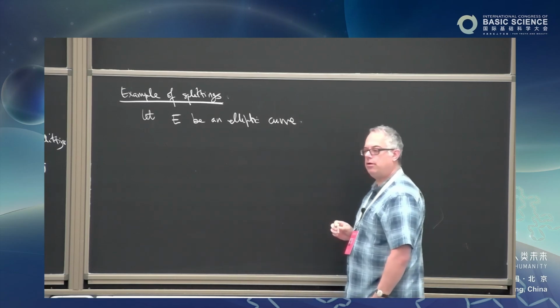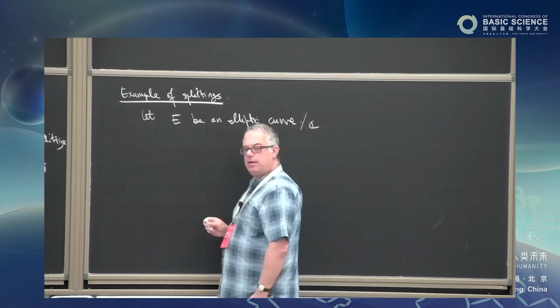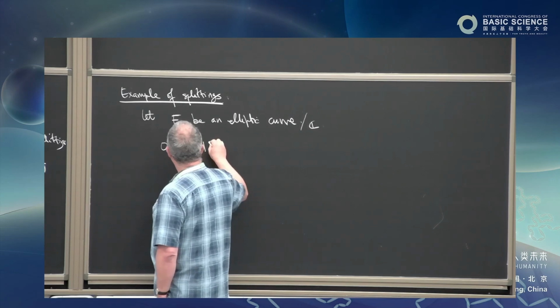Just a good old elliptic curve over the complex numbers. Then there's an exact sequence that looks like this.